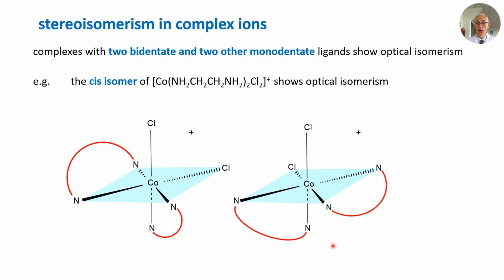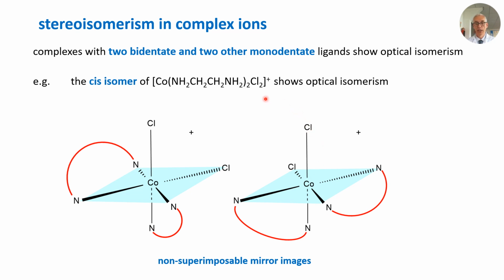So these are mirror images. If you rotate this right-hand structure so that the positions of the chlorines match, you'll see the orientation of the bidentate ligands is different. They are non-superimposable mirror images.